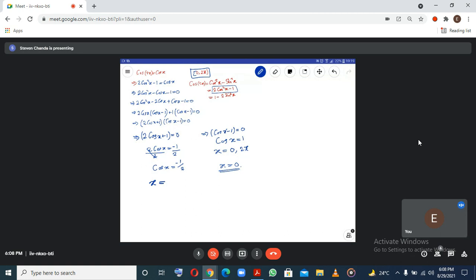What you have to think about is, forget about the negative for now, and say cos x is equal to half. Just focus on the positive. What is cos x equal to half?